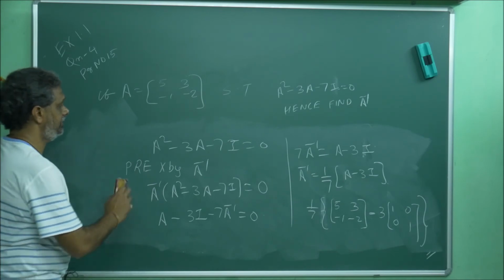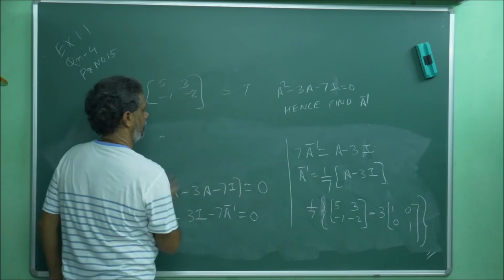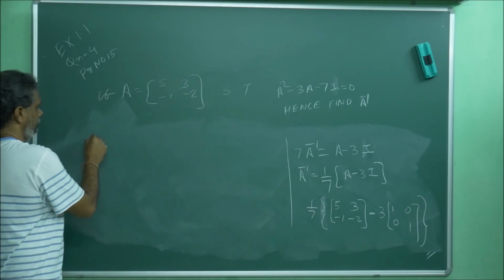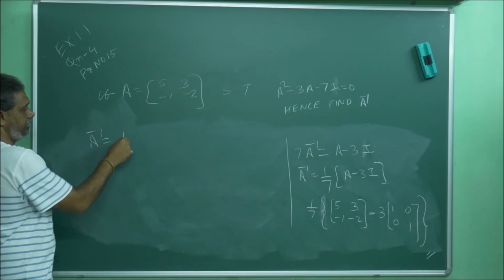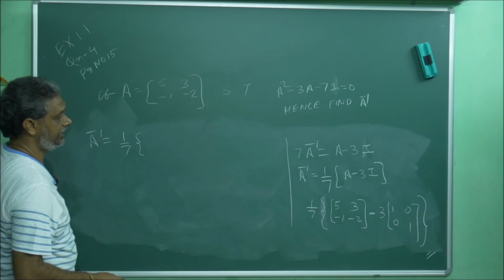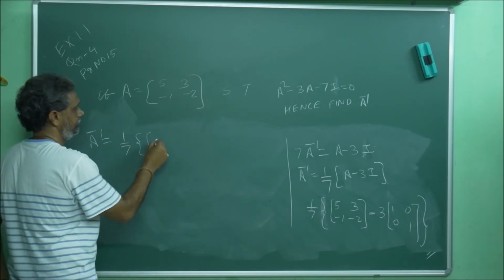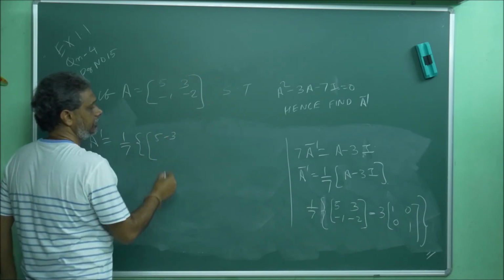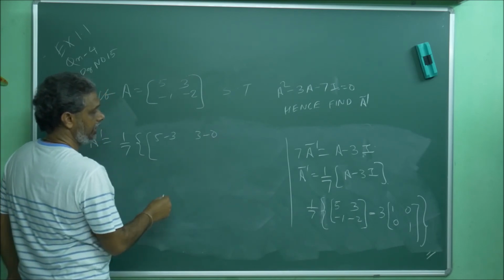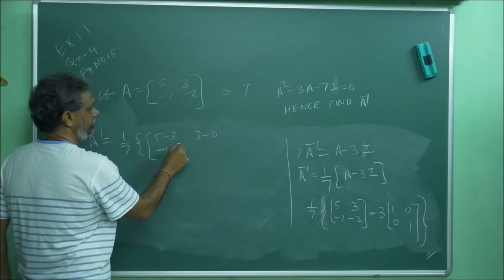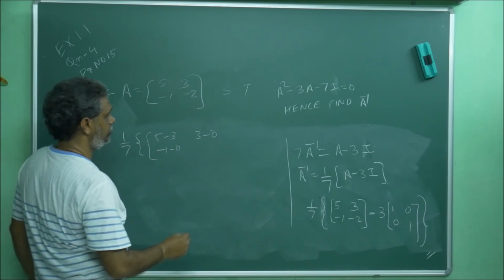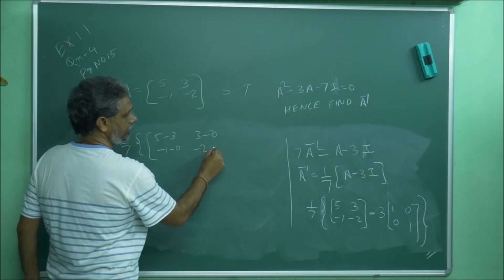A inverse is equal to 1 by 7 times: 5 minus 3, 3 minus 0, minus 1 minus 0, minus 2 minus 3.